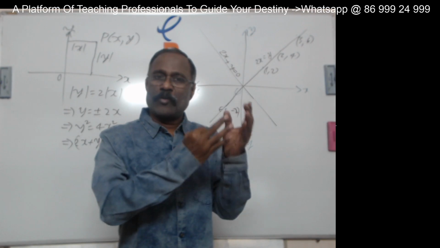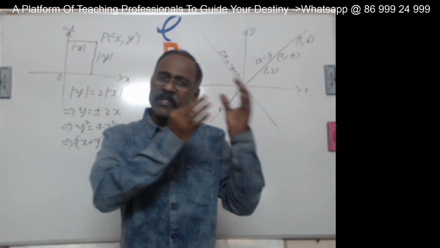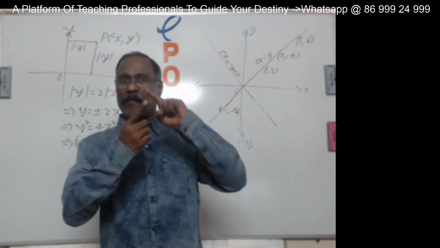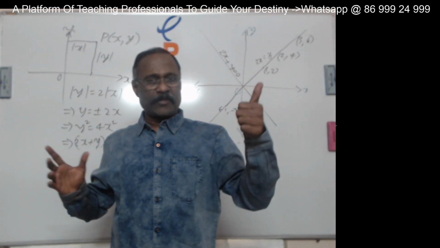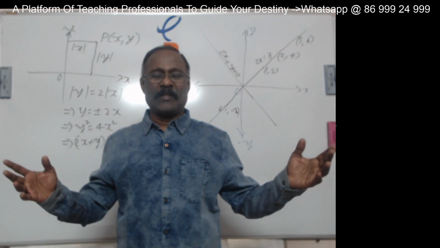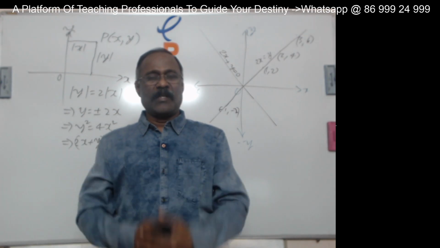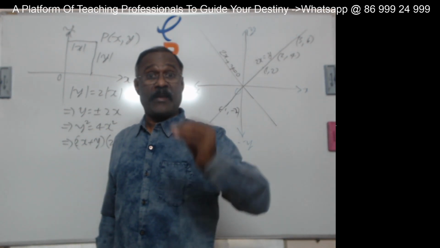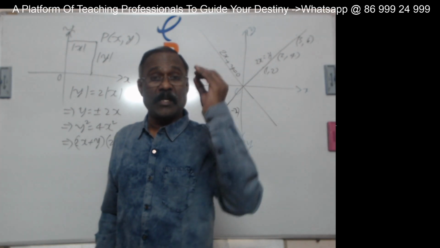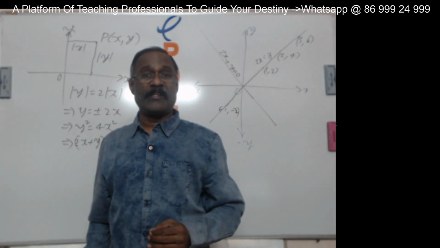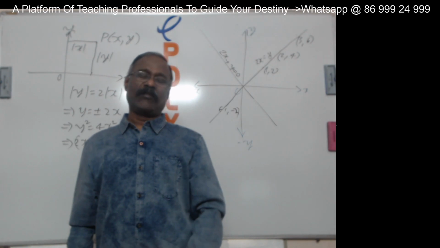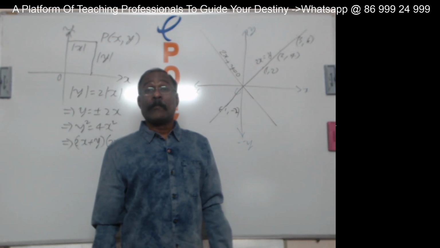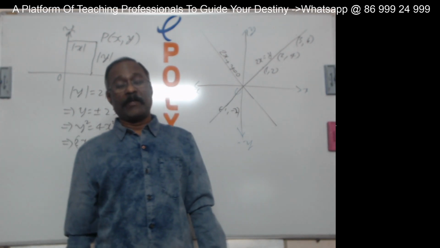Coefficient of x square is equal to coefficient of y square, and coefficient of xy is equal to 0. It represents a parabola, an ellipse, a hyperbola. Every geometrical figure is represented by a second degree non-homogeneous equation. The maximum size of any geometrical equation in two-dimensional geometry is ax square plus 2hxy plus by square plus 2gx plus 2fy plus c equal to 0.